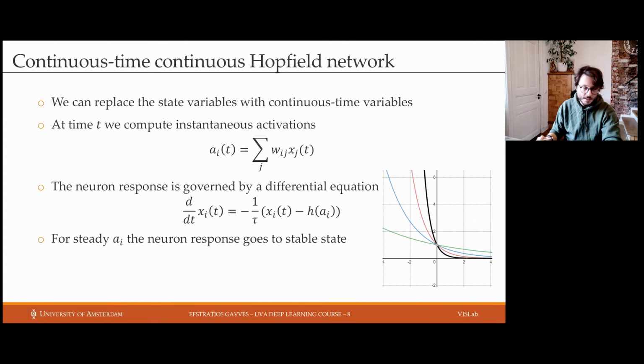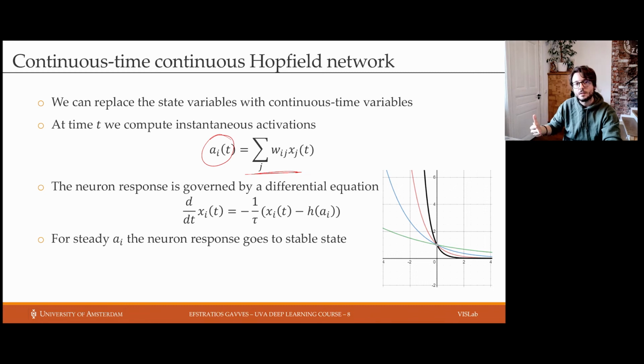We can also define continuous Hopfield networks, which basically means that instead of having discrete time steps, now our activations and our responses are continuous functions of time. So our response is the sum of the other neuron values at that time point, and these are computed instantaneously. So there is no discrete time step.